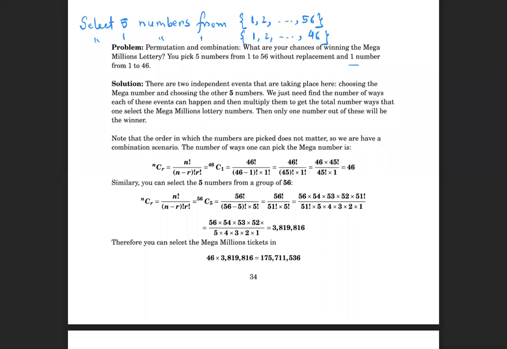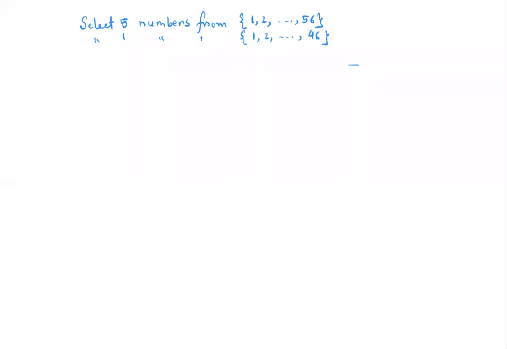All right, so let's take the background off. So you select 5 numbers from a list of 56 numbers, 1 through 56, and you select one number from a list of 46, which is called the mega number.